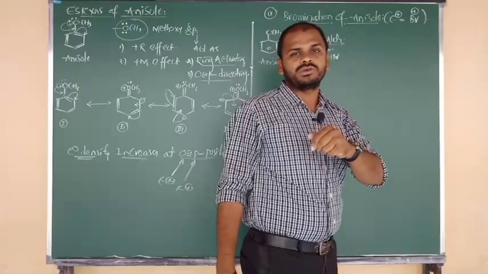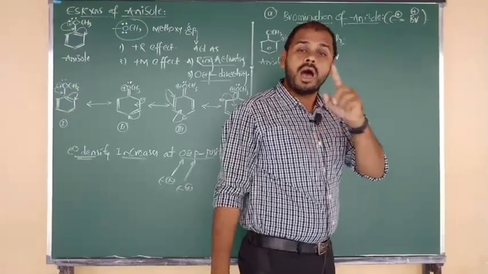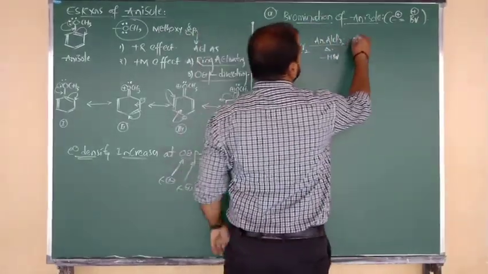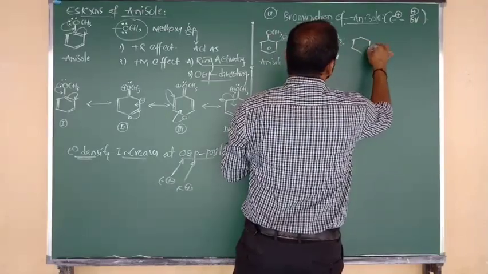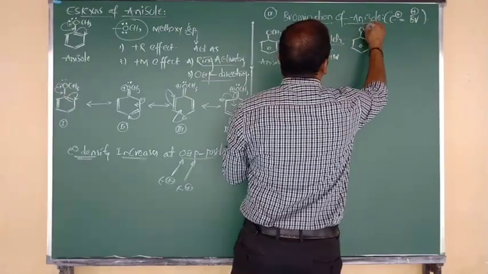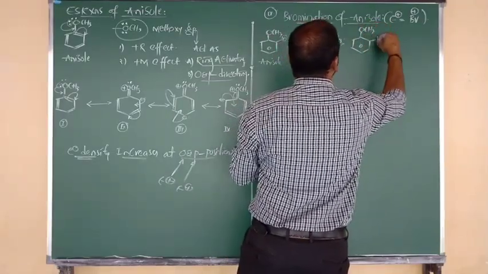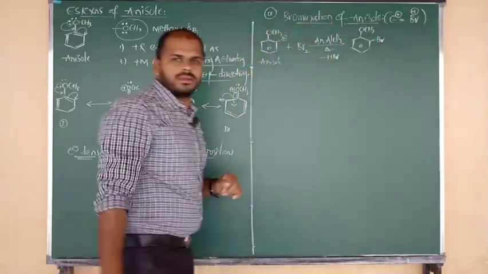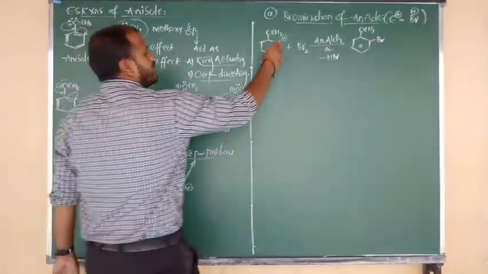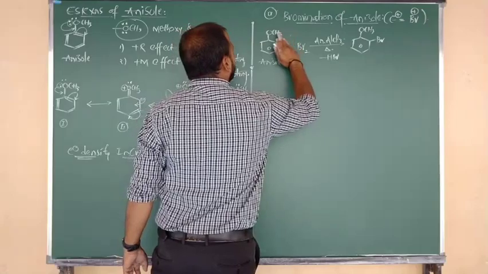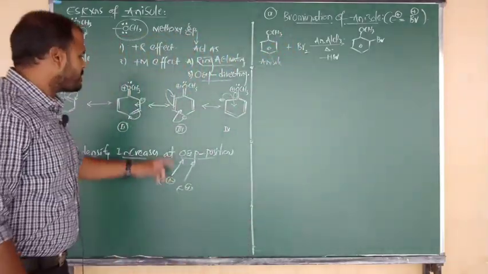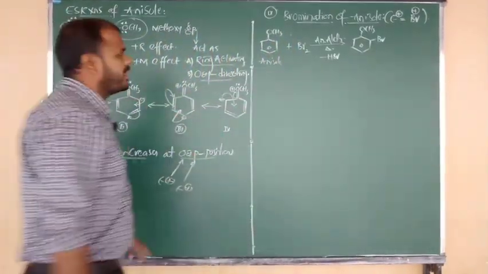Such an incoming electrophile is going to attack at the ortho position. Here I am going to write benzene connected to OCH3, ortho place attacked by Br. Similarly, we can remove the hydrogen from the para site also, because the para position also has more electron density.